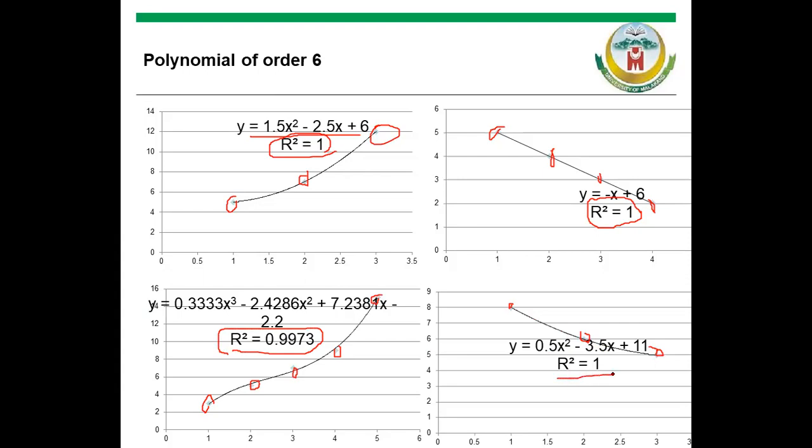Now what does this mean? This means that we had a complex set of samples, and we developed a complex function for that, but the accuracy of that function was not as good.